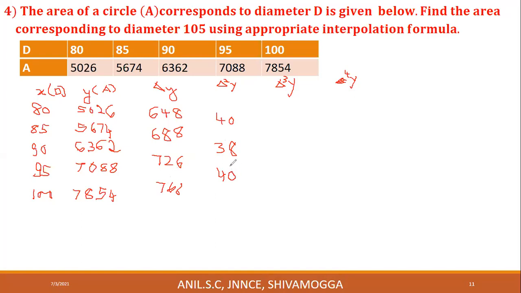Yes, sir. The third order differences are minus 2 and 2, and the fourth order difference is 4. Compare the values with what you obtained. If they are correct, we can proceed.